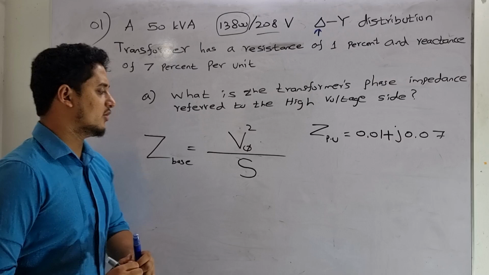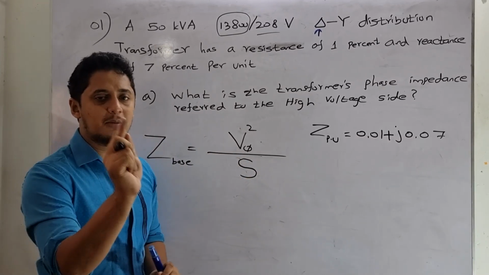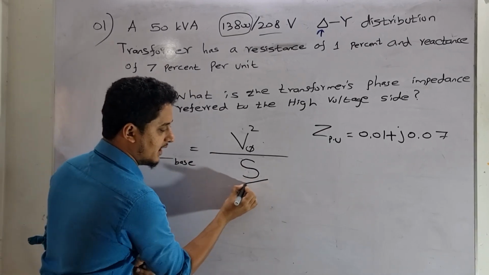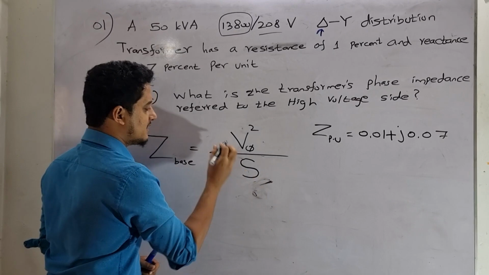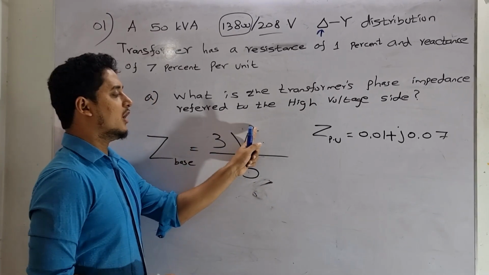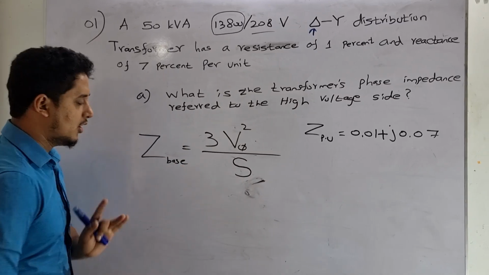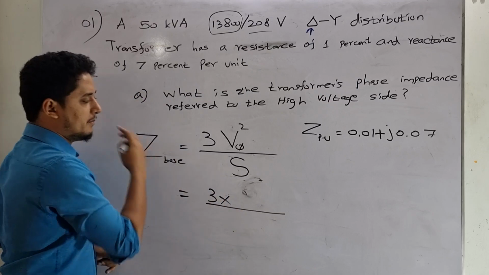So the total apparent power is S, then the single phase power is S by 3. So base impedance is equal to 3V squared divided by S. Then we can use the phase voltage.